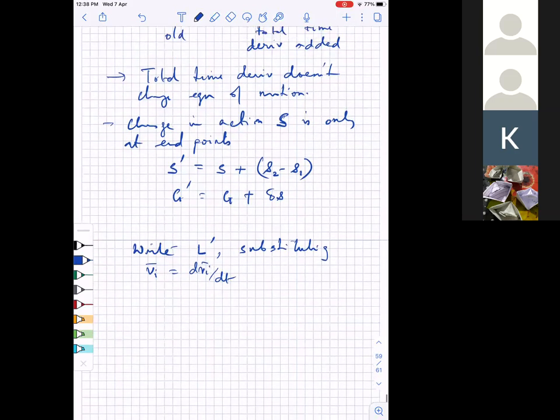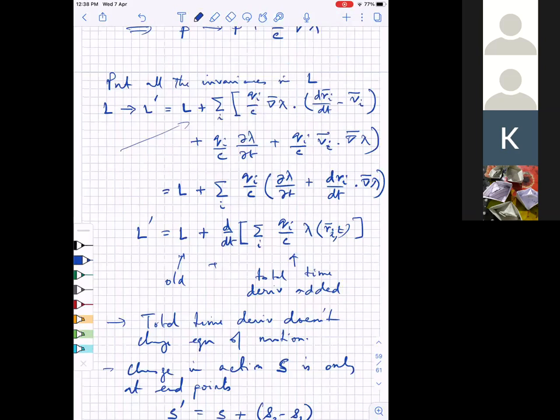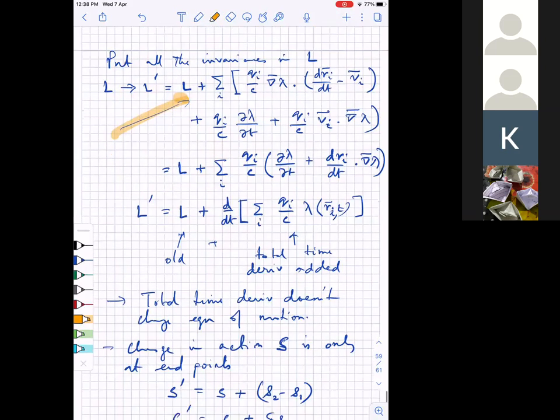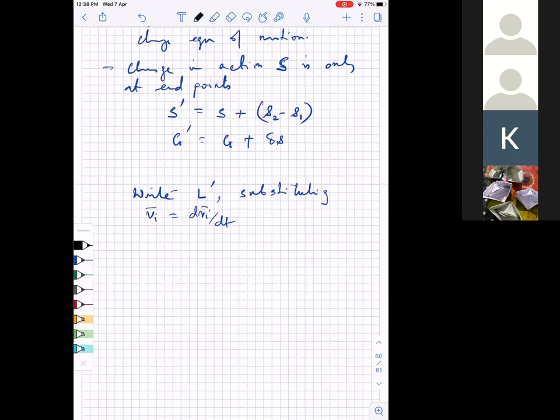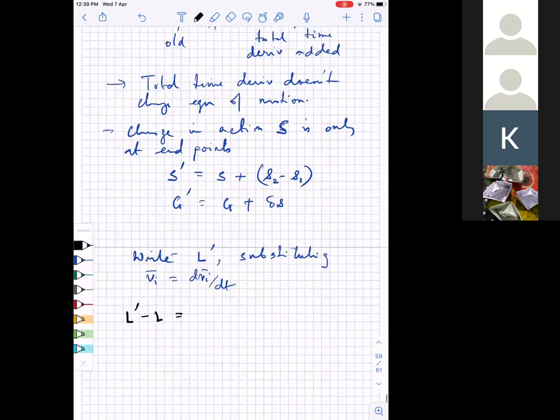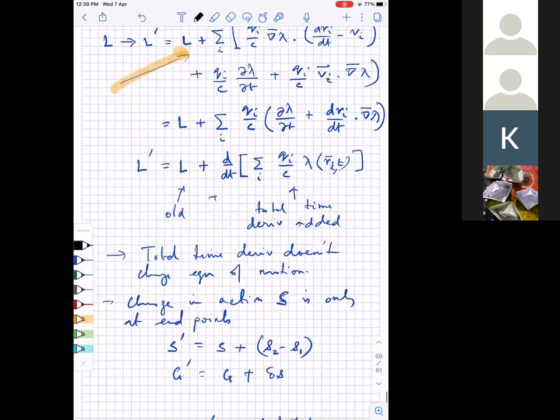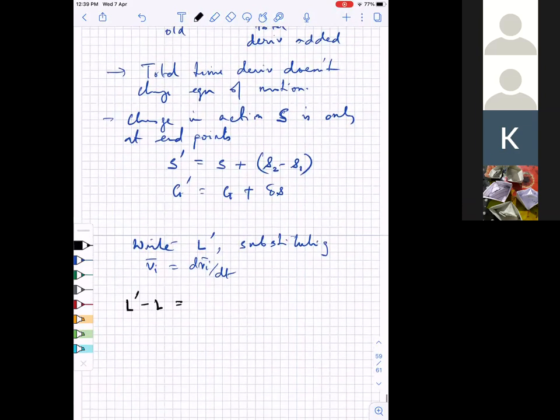So then this one will change. So we write it down like this, and what we'll have is L prime minus L. So just take the old Lagrangian on the left hand side. If you do it, the first part will drop out. Certain small things will drop out. You just calculate it.